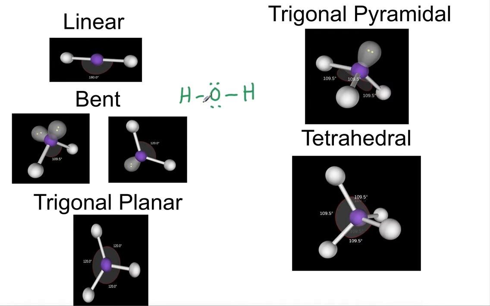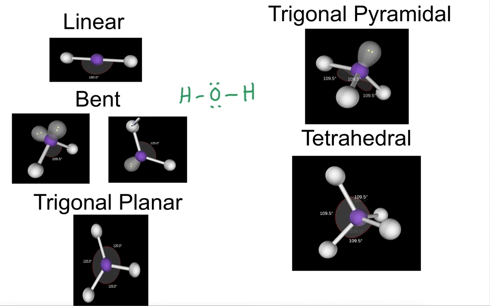like that. And if you looked at this on paper, you might think that water is actually linear, but that's not the case, because when you expand this into 3 dimensions, you can see that the electron geometry happens to be tetrahedral. And then the bonding pairs make it have a bent shape. Now, I introduced a term there, electron geometry, versus molecular geometry.